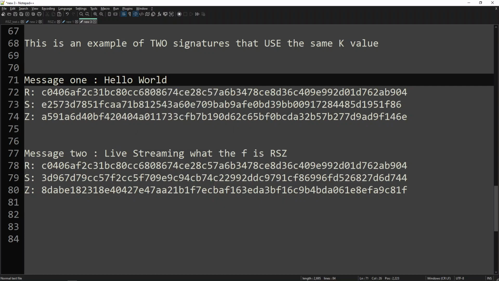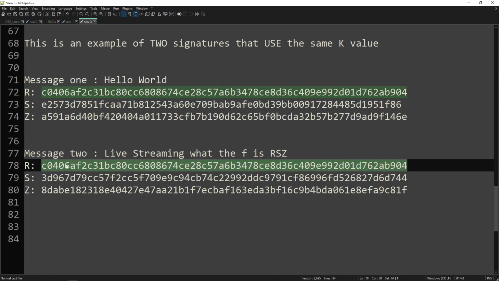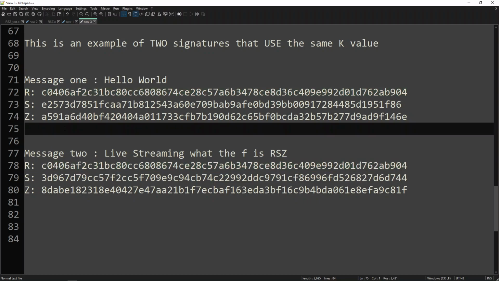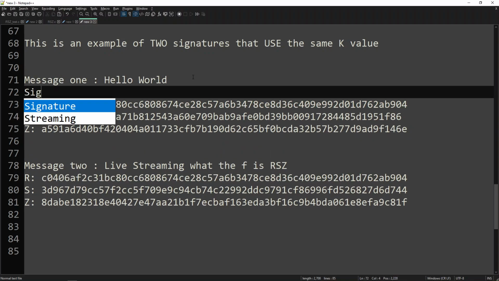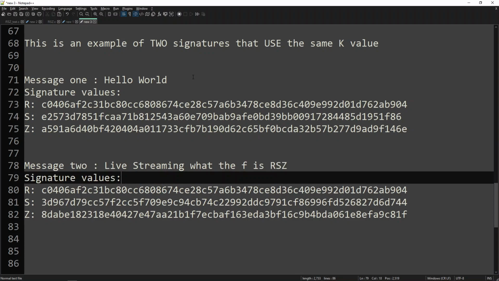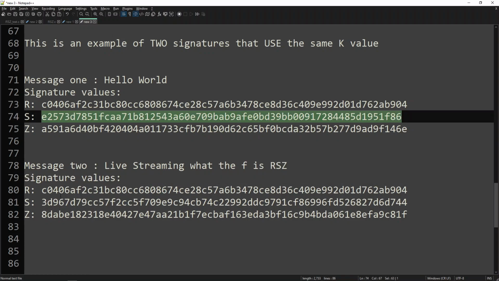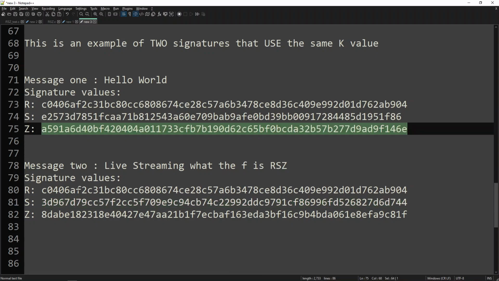Okay, so if you check this value, our R value is the same in both signatures. Signature values, and right here also signature values. So S is different in both, and C is different.